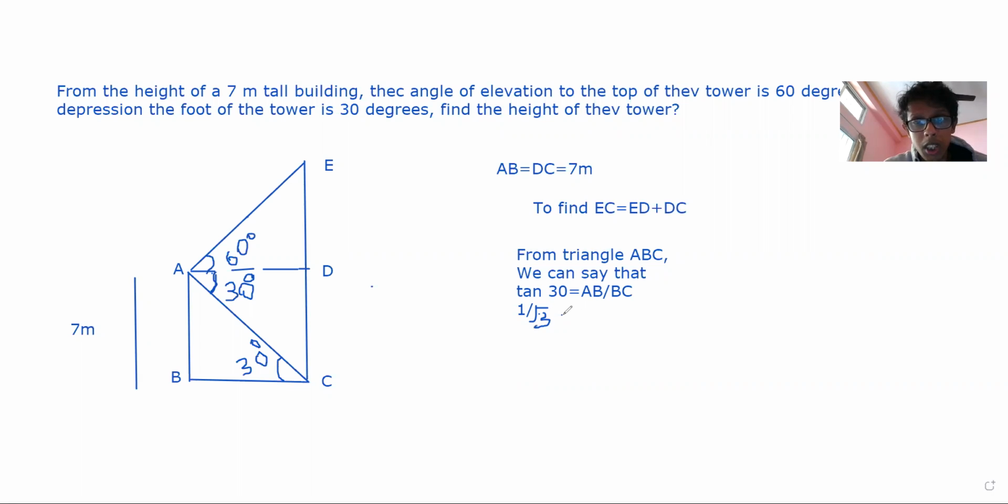One by root 3 equal to, see, AB is 7. So we know the value of 7, right? So I am writing down 7 by BC, we don't know. So we have to find out BC, right? And BC. Okay.